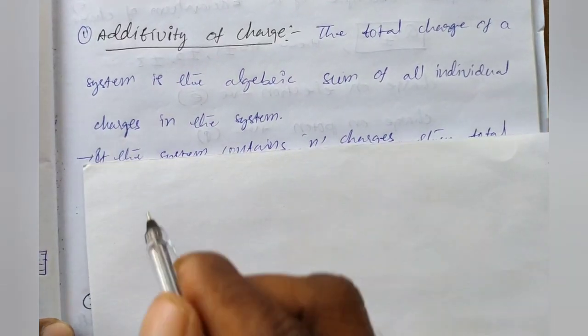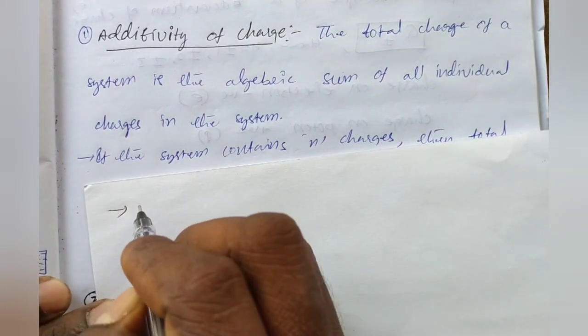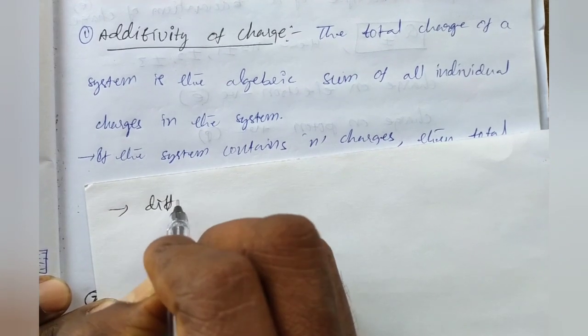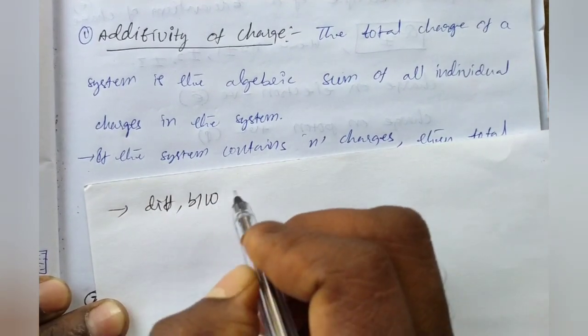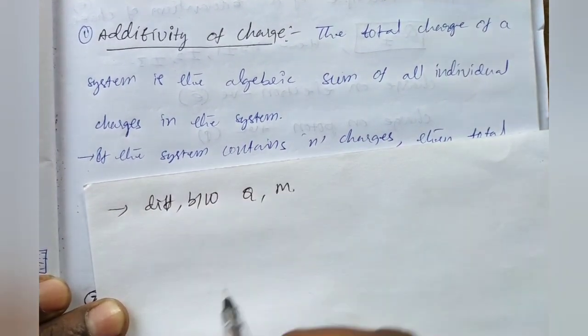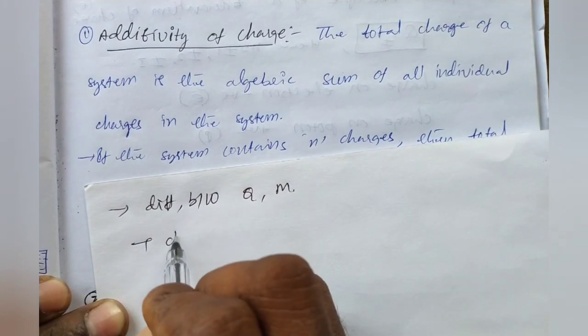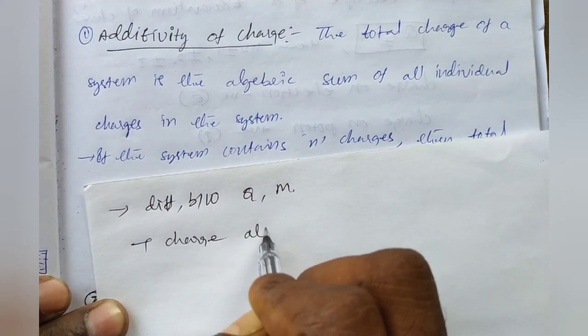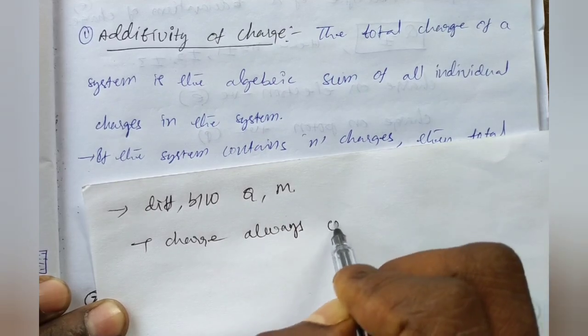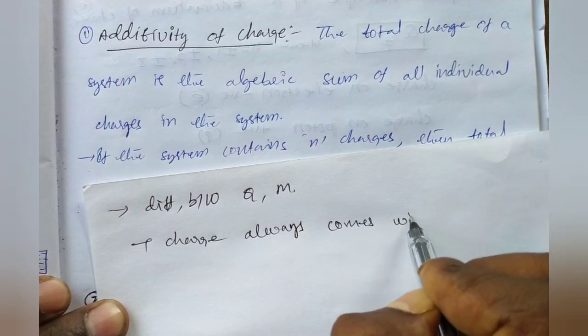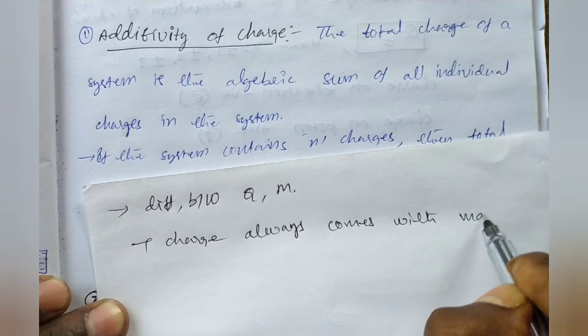Now, what is the difference between charge and mass? Charge always comes with mass.